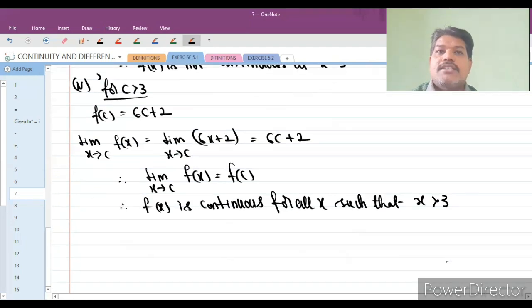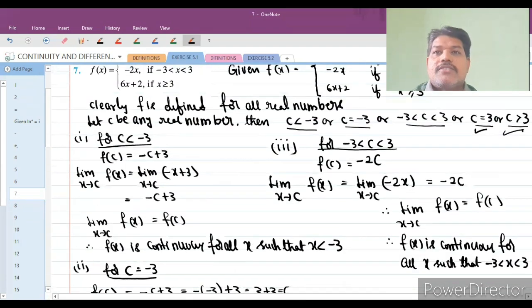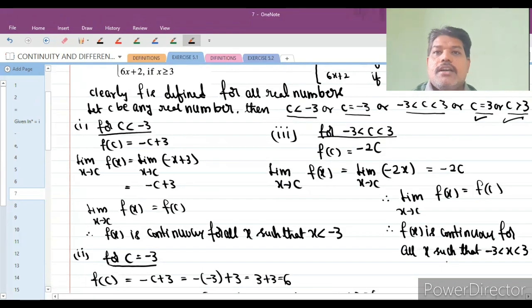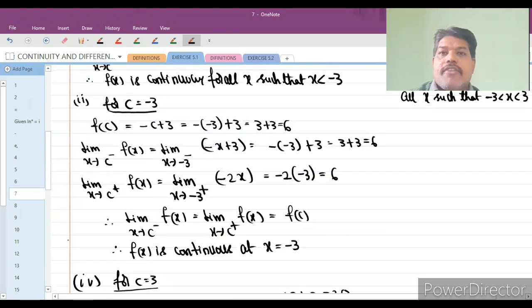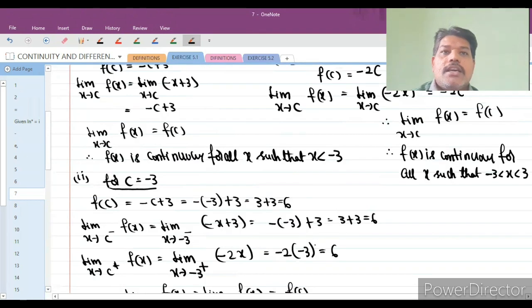So observe the cases here, students. The first case, what is the first case? I proved that f of x is continuous for all x less than minus 3. The second case: f of x is continuous at x is equal to 3. What is the third case?